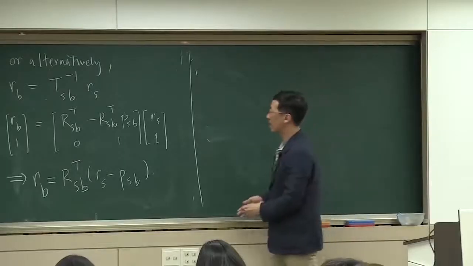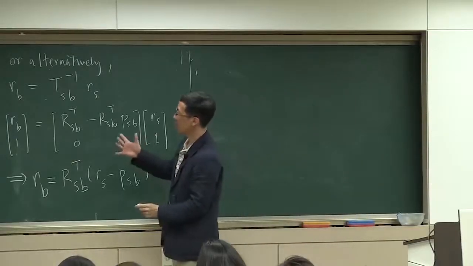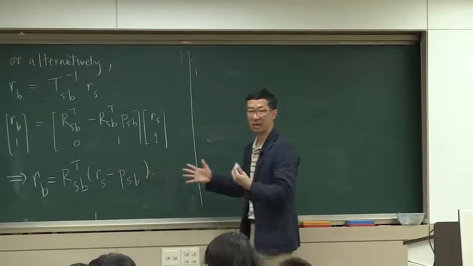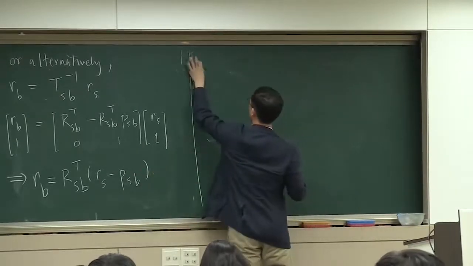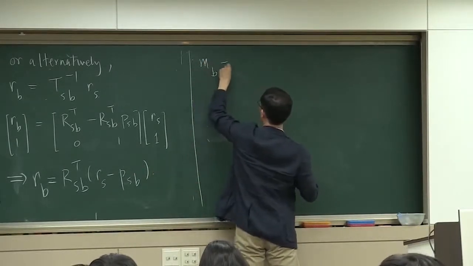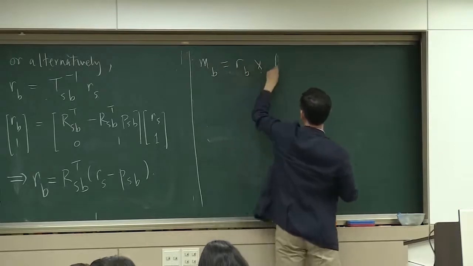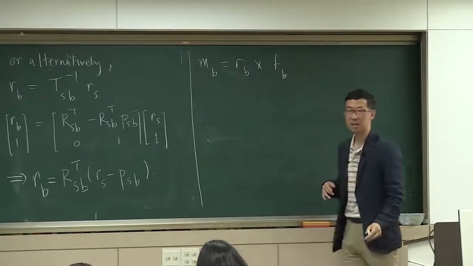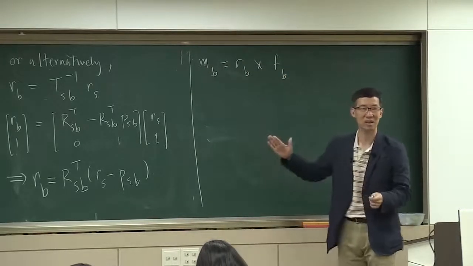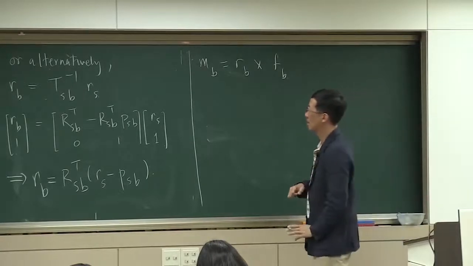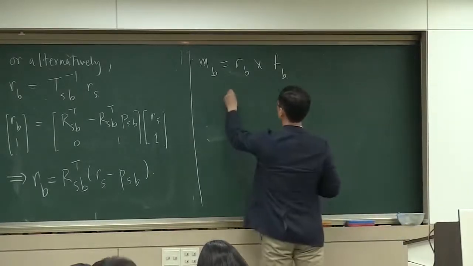All right, so now I have r sub b and f sub b. Now I can calculate m sub b, which is r b cross f b. From now it's just calculation. So let's do it.